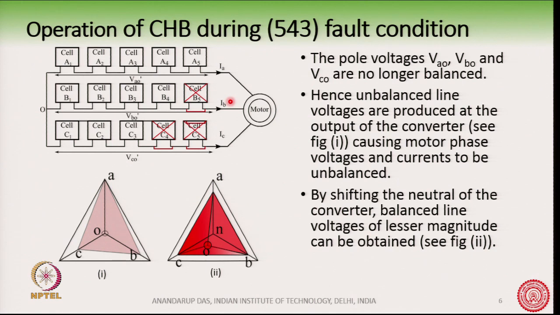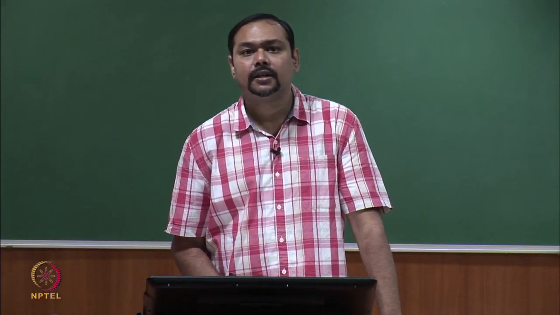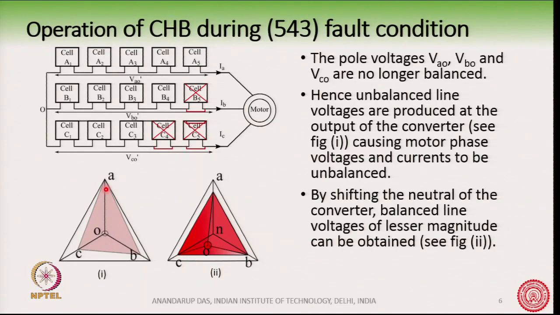So, what can we do? The strategy that we adopt is this. In this diagram you can see the unbalance is produced because the angle between AO, BO, CO is 120 degrees.